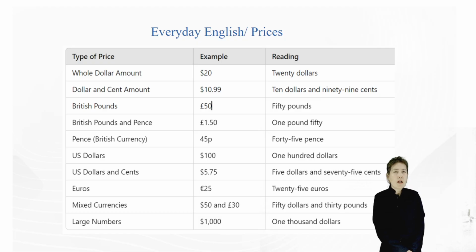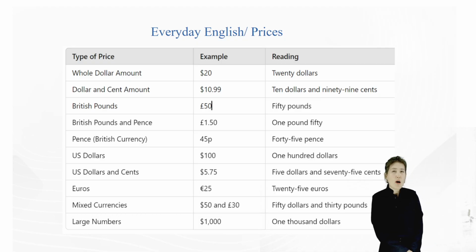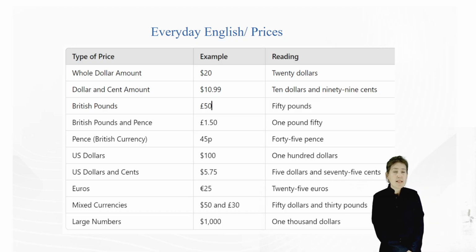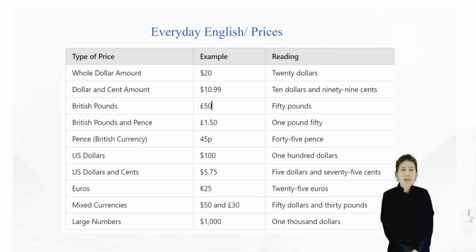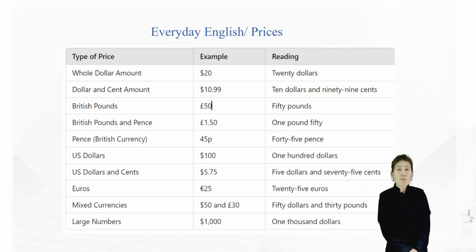There are given types of prices, its examples and reading. Whole dollar amount, dollar or cent amount, British pounds and pence, US dollars and cents, euros. Practice saying these types of prices clearly and confidently.